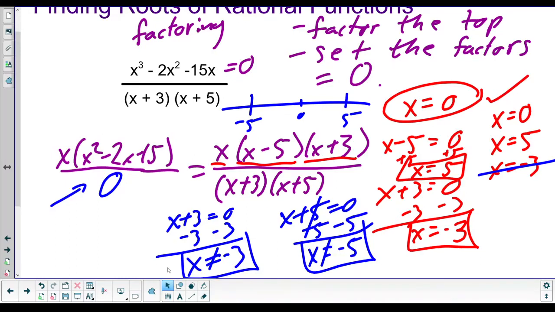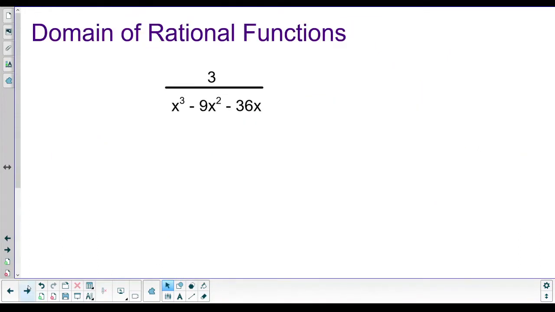All right. We're going to use this idea for restrictions a couple more times because they help us find some other things, like the domain. So if it asks us for the domain of a rational function, polynomials, gosh, bless America. All right.